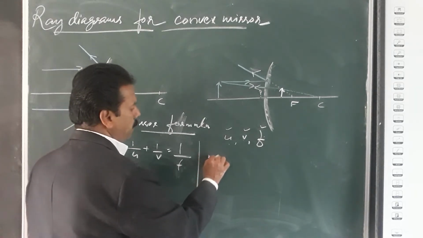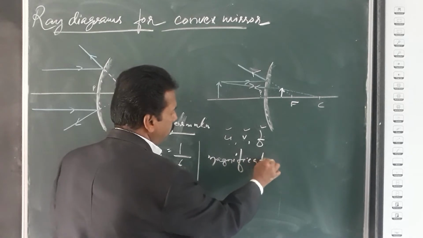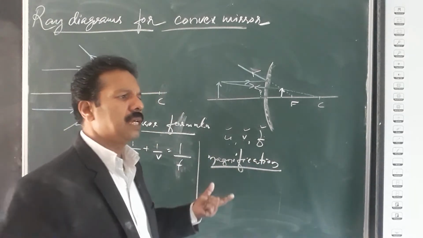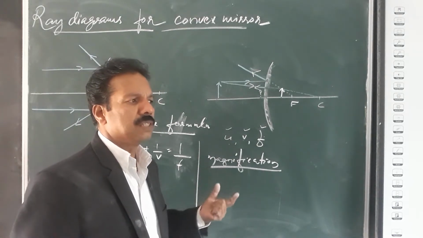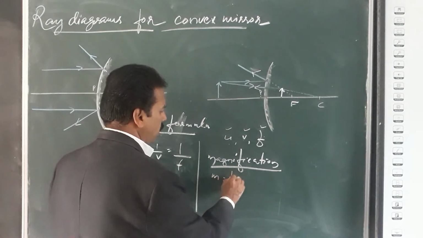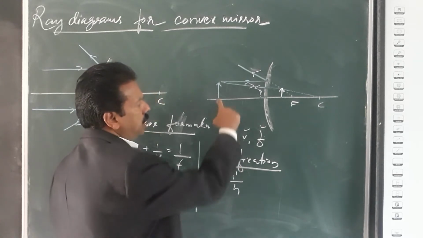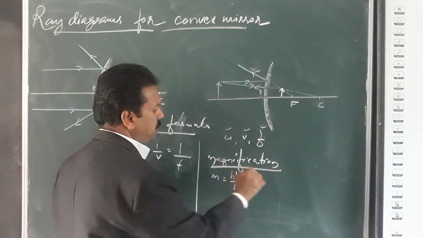Now magnification. Magnification is the measure of the size of the image in connection with the size of the object. That is, magnification is equal to h dash by h. H is the height of the object. H dash is the size of the image.